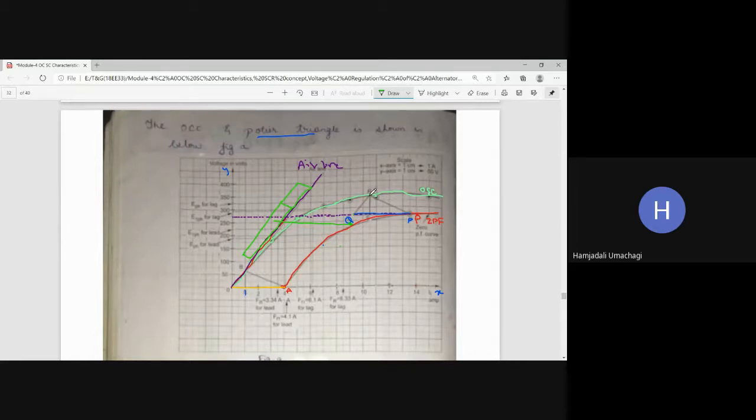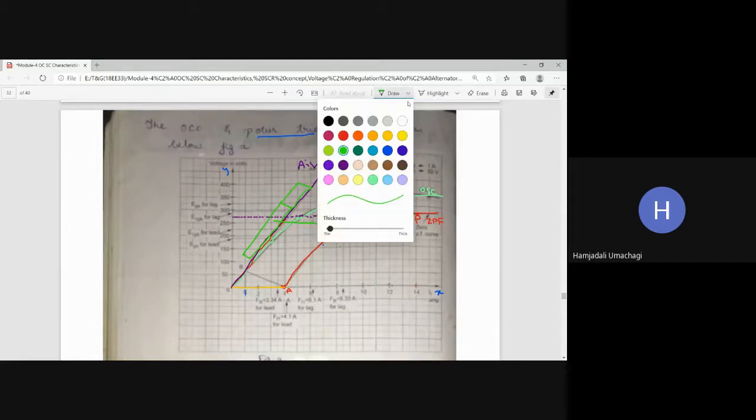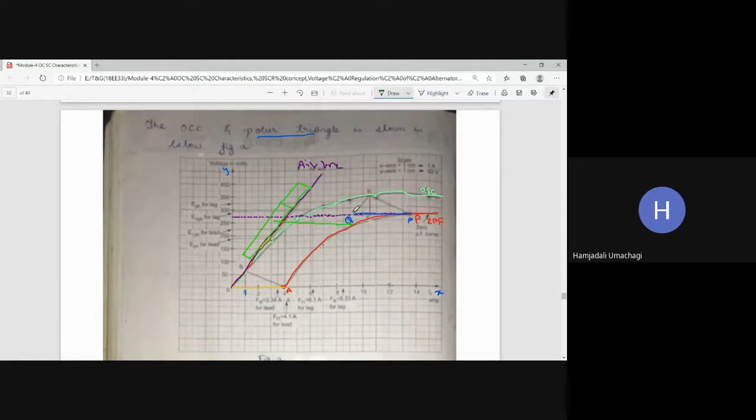Wherever it touches the OCC, while touching point Q, you should move it slowly. Now mark that point, and mark it as R.